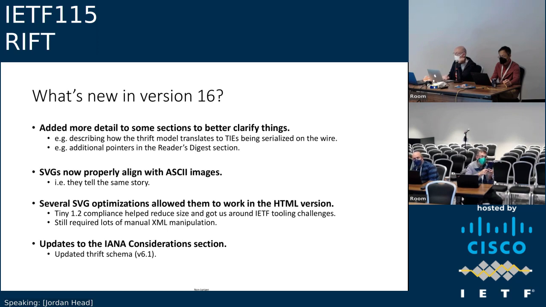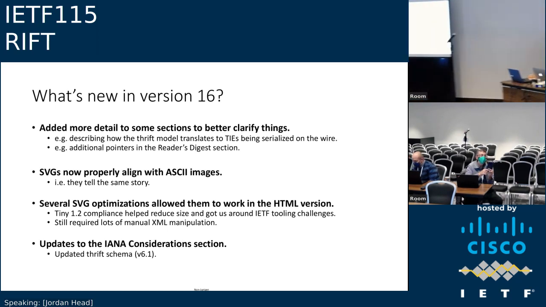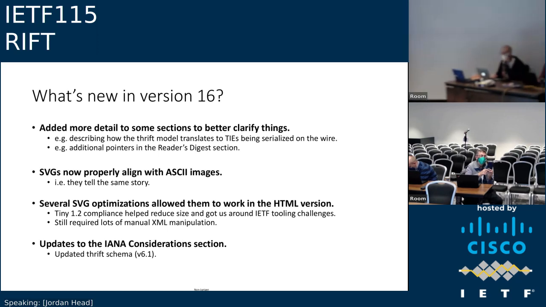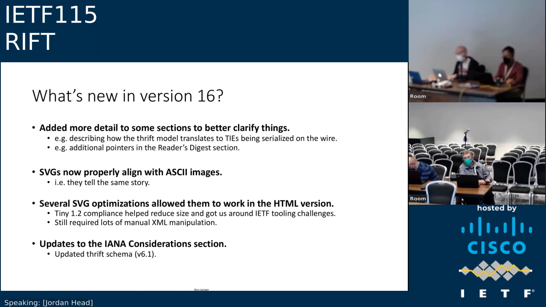I digress. Updates to the IANA considerations section: we had to push the new version of the Thrift schema, as well as a couple of little phrasing fixes for what IANA had mentioned to us.